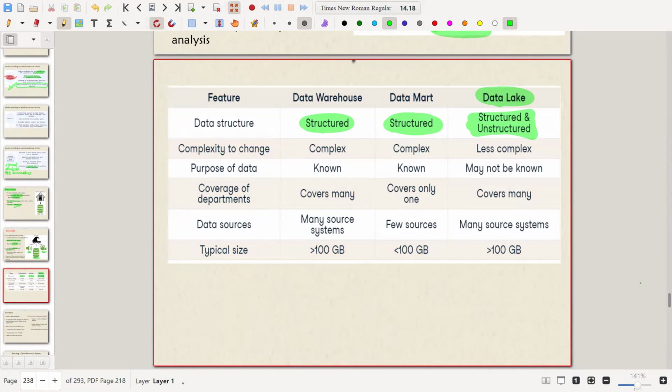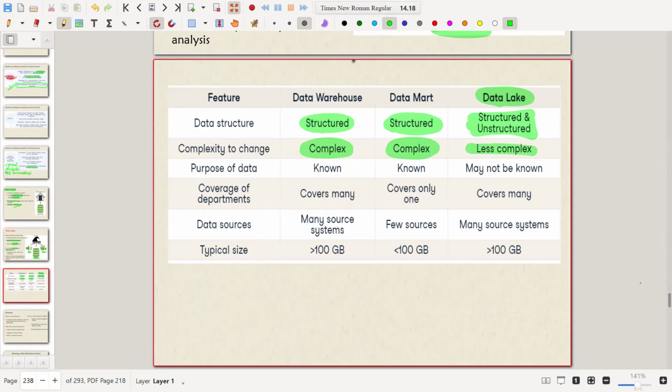If you are making some change to your data or schema, say a star or snowflake schema, a data warehouse is very complex to change. It is also complex to change in a data mart. However, it is less complex in the case of a data lake.